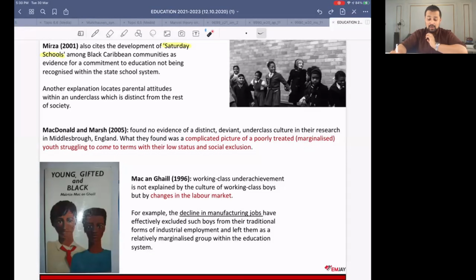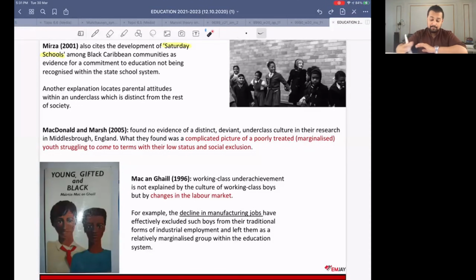Now, I hope everyone gets this. We have discussed all of this under the heading of the relationship between social class and educational attainment. If you remember, I started off with out of school factors and in school factors. Out of school factors, what I had said was that your social class plays a very important role.